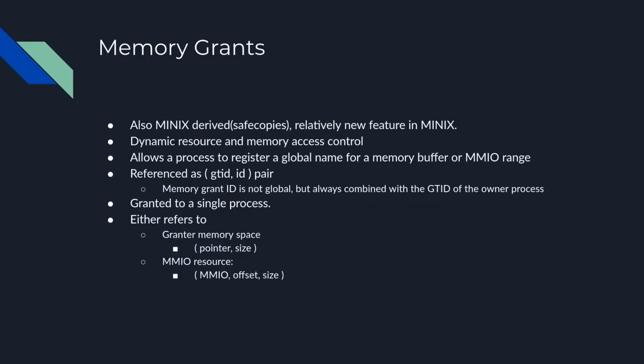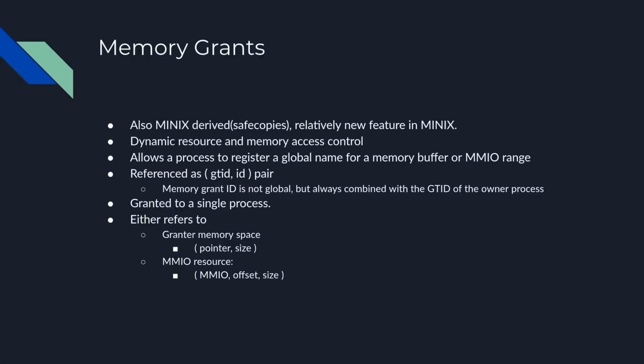And then memory grants are something that only appeared in Minix really recently. It's a way for a process to basically create a new name for a piece of memory it has and give a different process access to it just by sharing the number. These are referred to by the process ID and the number of that range. So the IDs are actually local per process.